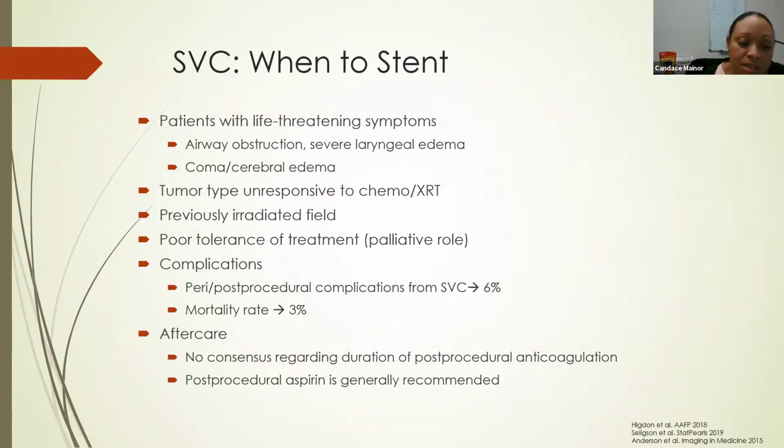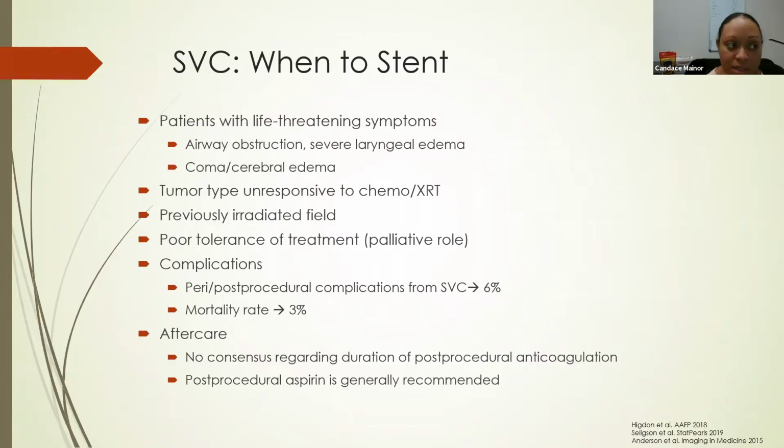SVC syndrome stenting on the whole has a low incidence of complications related to the stenting, complications being mainly bleeding and hematoma. And the mortality rate for the procedure is somewhere around 3%. Now, once a patient has had the stenting, there is no consensus regarding duration of post-procedural anticoagulation.